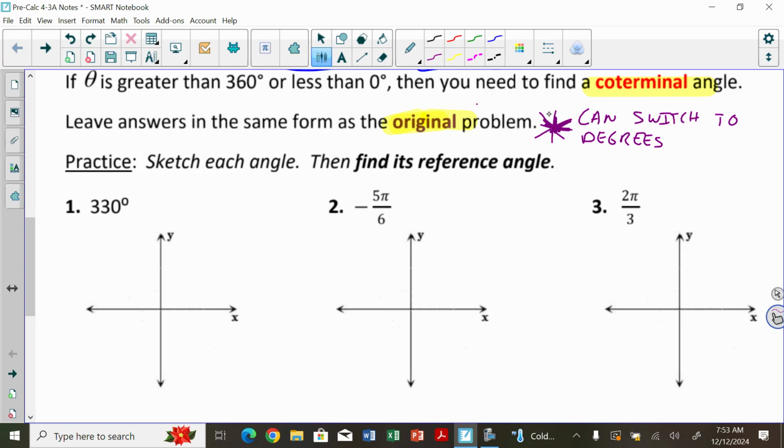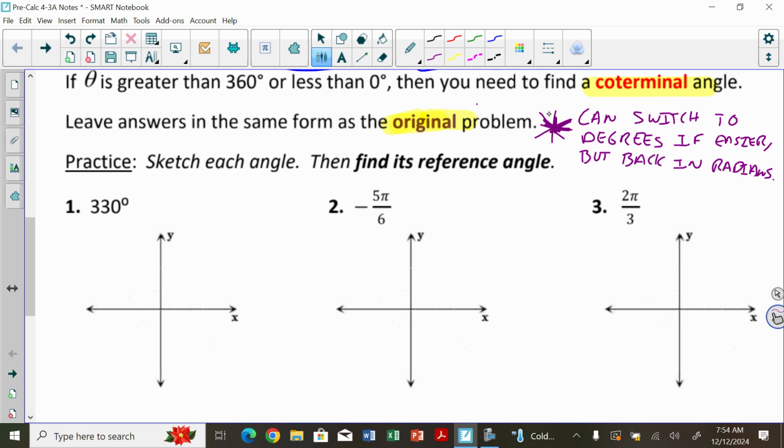But some of them are a little bit tricky. But we want to put it back in radians after we get the degrees. So when you're actually solving the problem, you can graph it, do the work in degrees, and then put it back in radians just by multiplying by pi over 180.